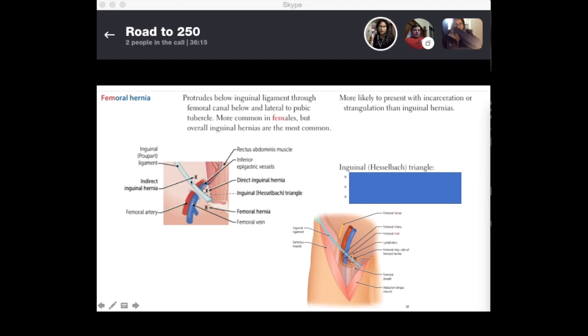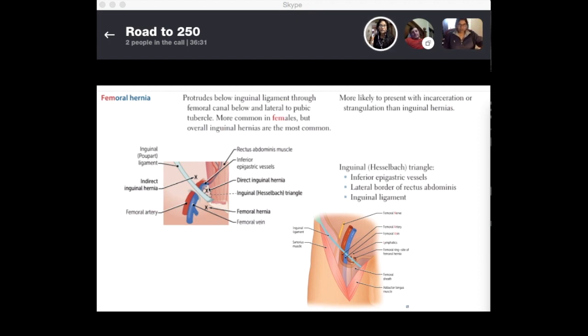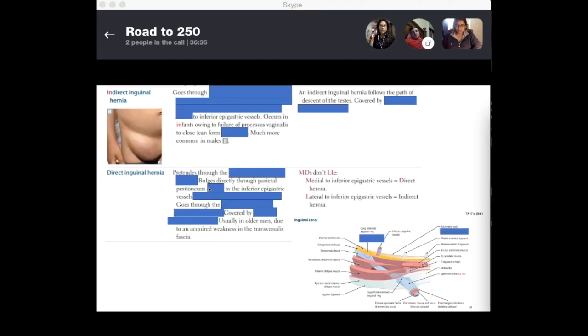And the muscle that's already on the other diagram, rectus abdominis. Yes. So that's what makes up our inguinal triangle, which is what we are going to talk about next in regards to our inguinal hernias.